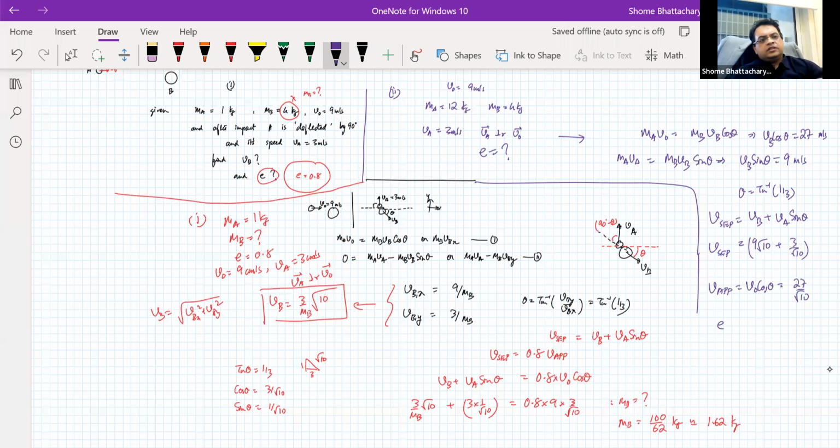So our coefficient of restitution according to this should be 9 root 10 plus 3 by root 10 divided by 27 by root 10. Okay, so the coefficient of restitution is coming out to be this time 93 upon root 10 divided by 27 by root 10. So again, it's unacceptable. Yes. So this is simply not working out. Sorry. I have to recheck what is happening in this case.